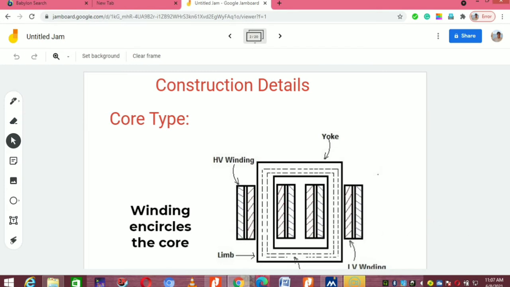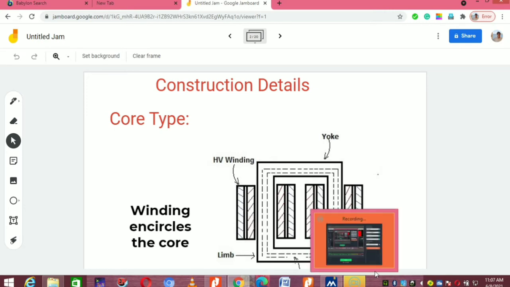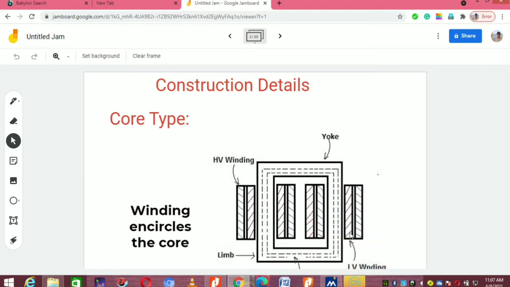Next we will discuss the winding arrangement. Here LV winding is placed nearer to the core. See the LV winding on both limbs placed nearer to the core. Next after that, insulation and HV winding is placed. See here LV, HV.